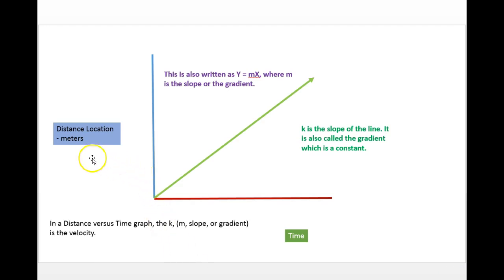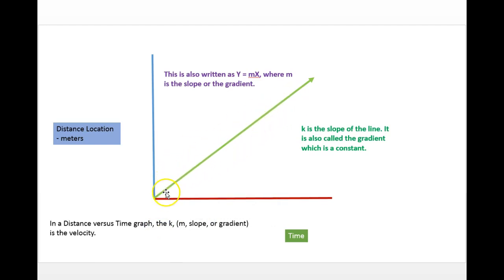So here we have a distance, which is location, measured in meters, versus time, measured in seconds or hours or whatever. So this is a distance versus time graph, where k would be the slope, and the slope will be the velocity.